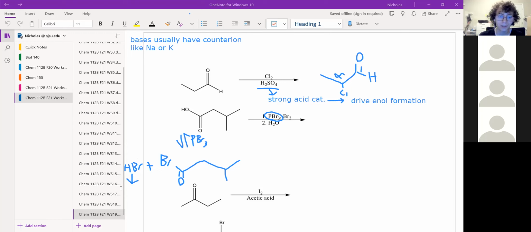And HBr is another strong acid. It can be a catalyst for enol formation, just like H2SO4 was and the carboxylic acid was, those were also strong acids. They did the same thing. So that's what the HBr here is gonna do.